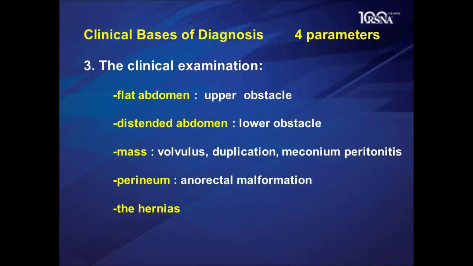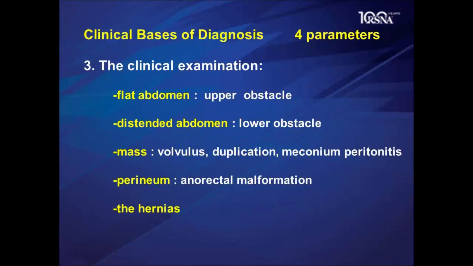Then comes the clinical examination findings. A flat abdomen quickly should refer to a higher location in the GI tract, upper obstacle, versus when the abdomen is distended, one may think this is an obstruction at a lower level.